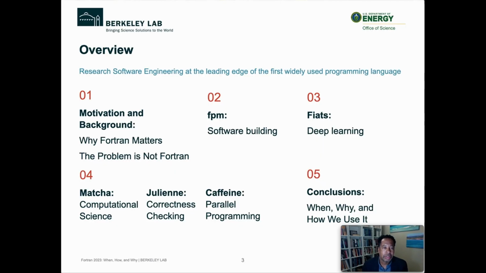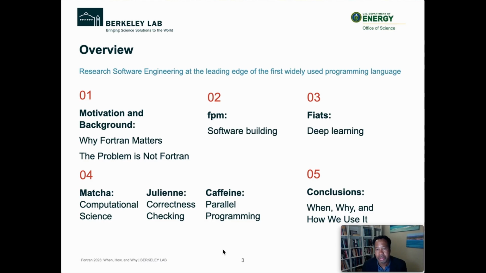I'll talk about motivation in terms of why Fortran matters, but also I'm going to use a slide from a talk that I gave last year to a group of nuclear physics researchers, many of whom I had heard were starting to move away from the Fortran programming language. So the title of that talk was The Problem is Not Fortran.